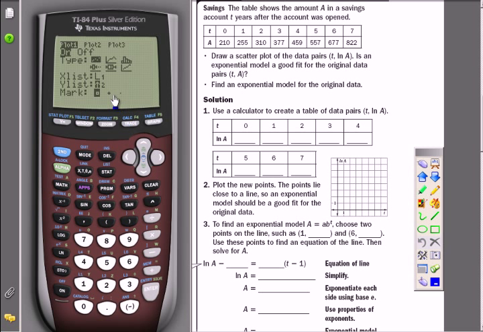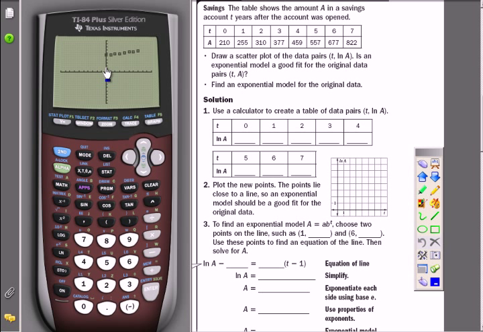And a scatter plot, that's what this would be. That would be just fine. Use these for marks. That's good. Let's just hit graph and see what we got. Oh, look. Boy, that makes a pretty good line. Because that makes a pretty good line, that's a pretty good model. And that's one way to go about things.